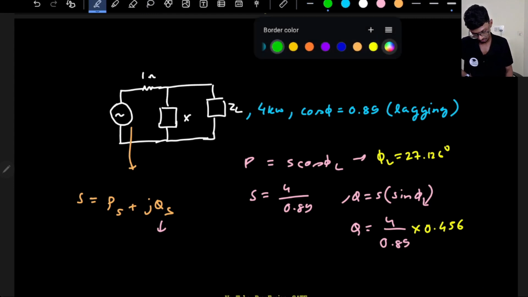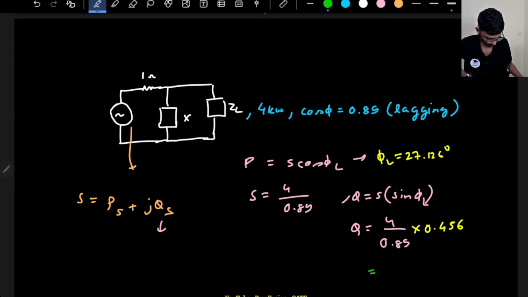So I can directly write this, 0.456 into 4 divided by 0.89, which will be equal to 2.05.